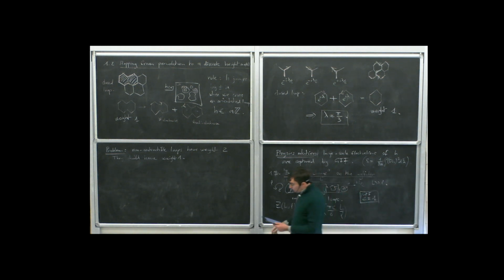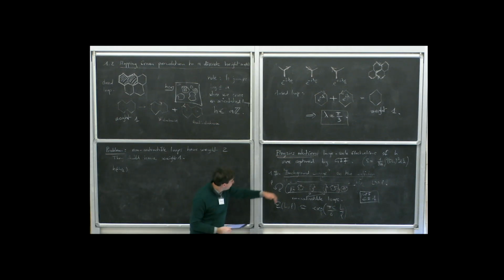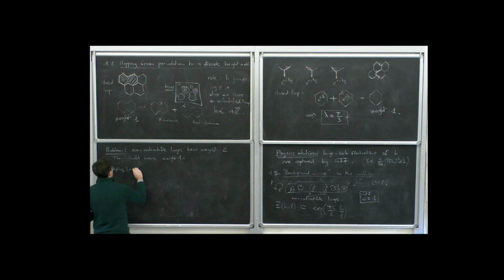So the total number of such non-contractible loops, if we assume for a second that they are all oriented in the same direction, is just given by h at plus L over 2, so far away on the right of the cylinder, minus h at minus L over 2, divided by a.